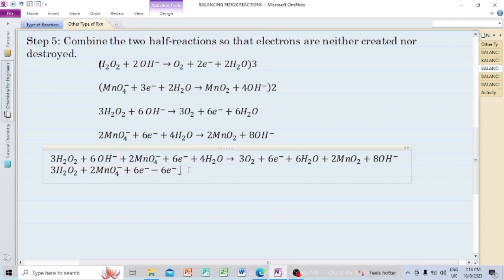This will produce 3O2 plus 6H2O minus, sa kabila magiging minus 4H2O plus 2MnO2 plus 8OH negative, 8 hydroxide ion. And meron din tayong hydroxide sa kabila kanina na 6. So, ililipat lang natin sa kabila, kaya magma-minus tayo 6OH negative.